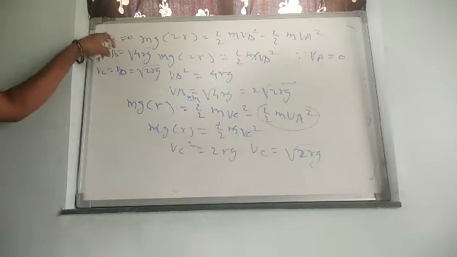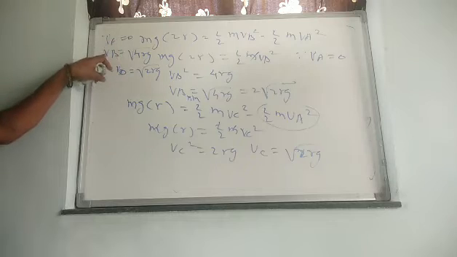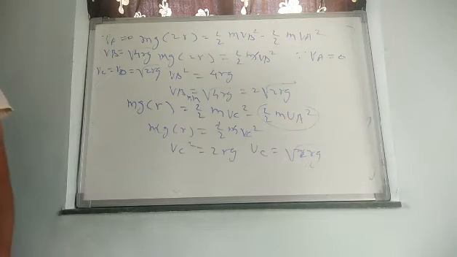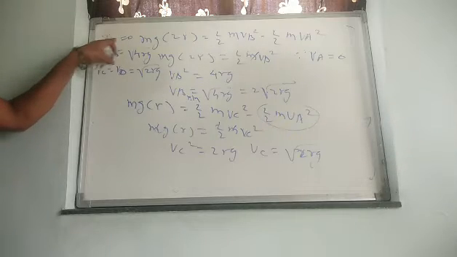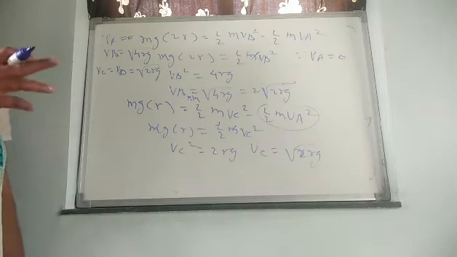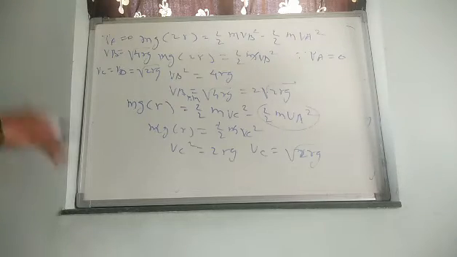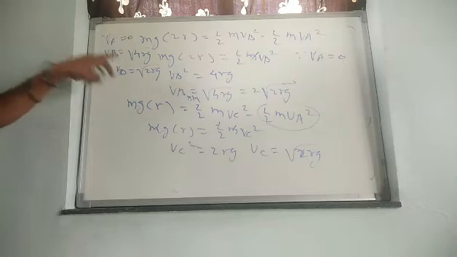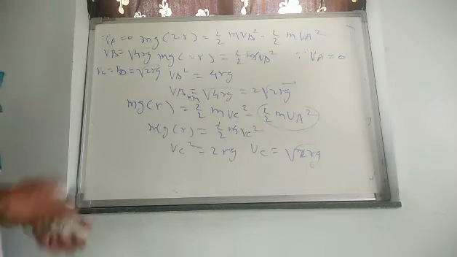These are the velocities at the top, bottom, and horizontal positions. If the rod is whirled in a vertical circle, then these are the different velocities. These expressions are not given in your book, but you have to remember this. You have to prove it like this.